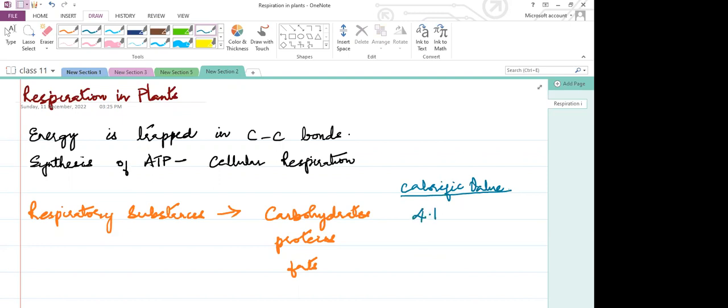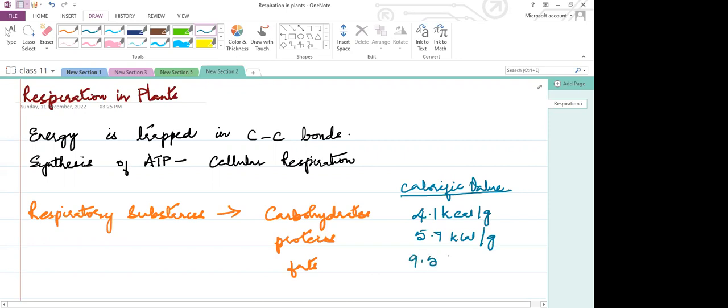It's about 4.1 kilocalories per gram. Okay, and this is about 5.7 kilocalories per gram. And this is about 9.5 kilocalories per gram. So the calorific value of fat is double the calorific value of carbohydrate.